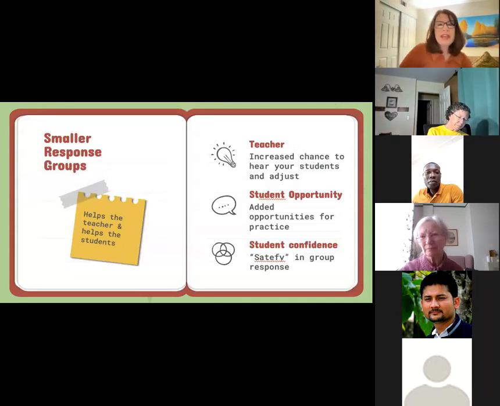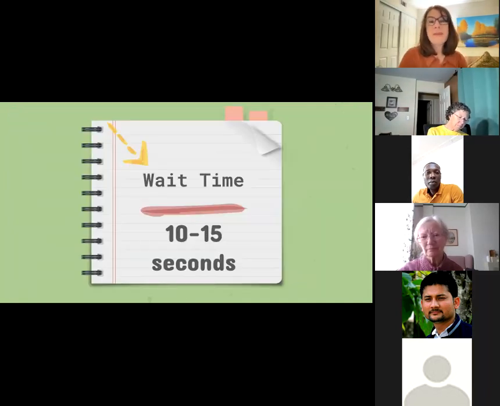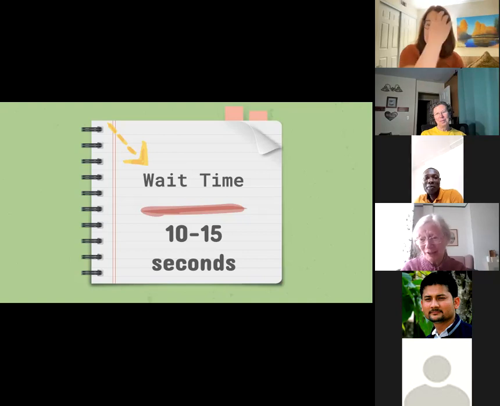So a third area, and let me just ask, any questions or comments about wait time? Have you experienced wait time, the shorter and the longer wait time, in your work? I have, and my students will go on to Google Translate very quickly and come up with an answer.